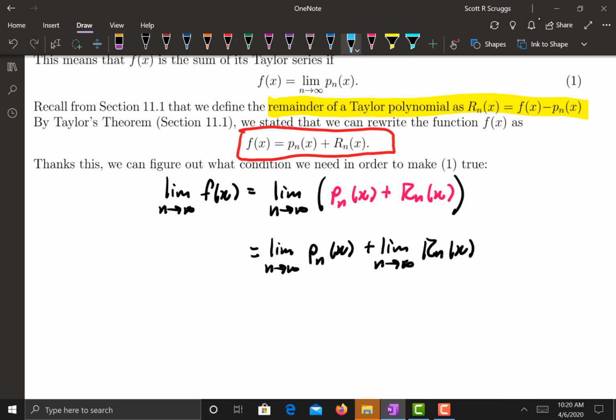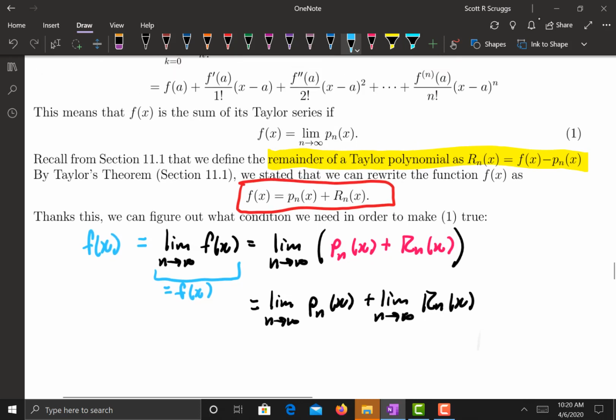Now, one thing to keep in mind, I'm taking the limit with respect to n. f is just a function of x, and it could be arbitrary for what I want. So with respect to that limit, f of x is just a constant. So I essentially have f of x equal to the limit of p of n plus the limit of the remainder.